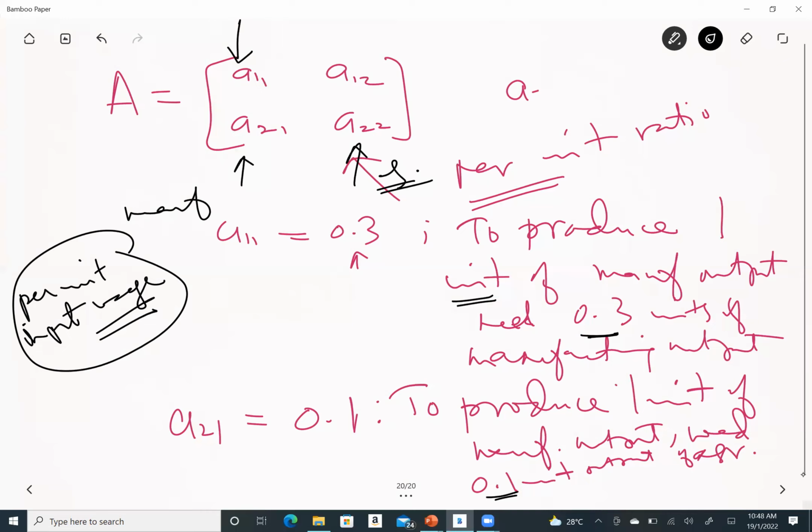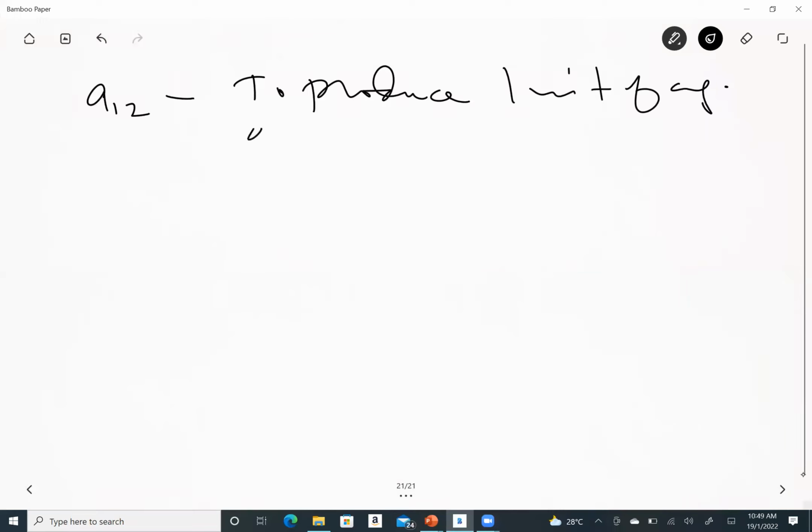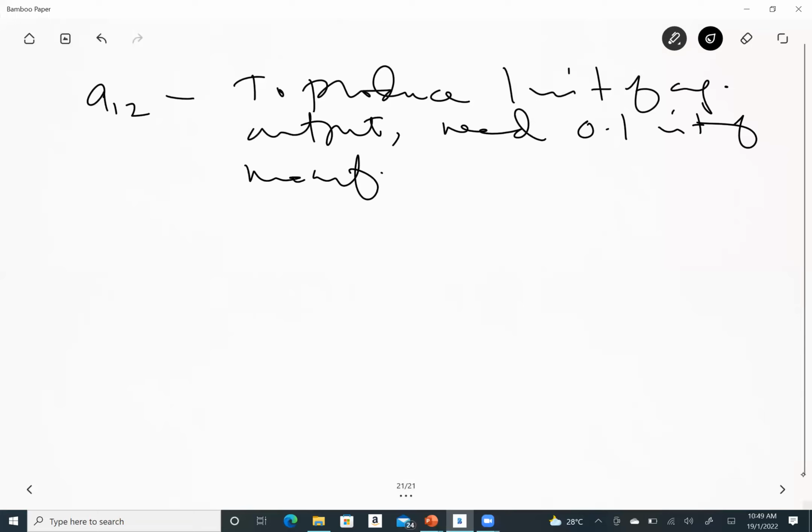And then if I look at the second column, that is the per unit input usage of 1 unit of agriculture. So A12, what does it mean? A12 is to produce 1 unit of agriculture output, we need 0.1 unit of manufacturing output.